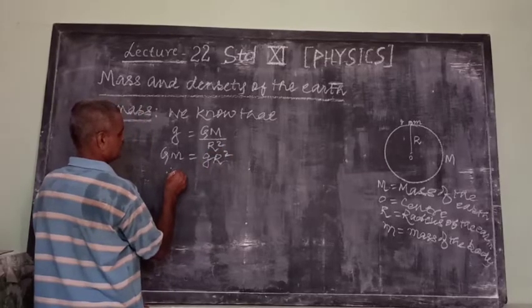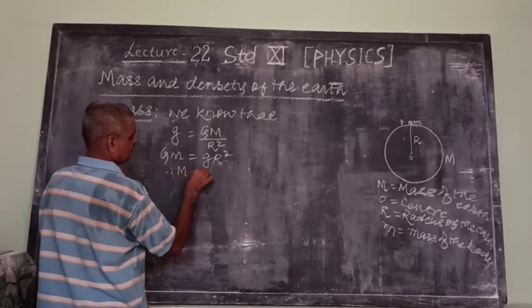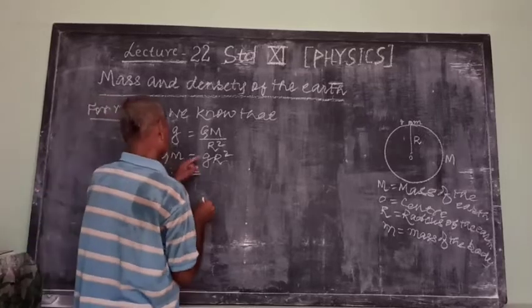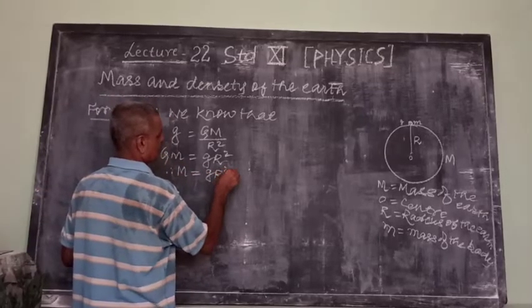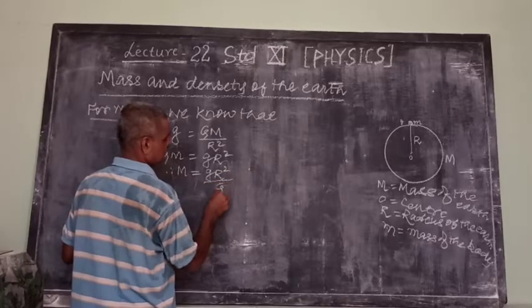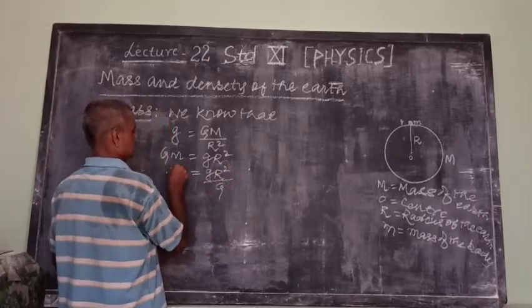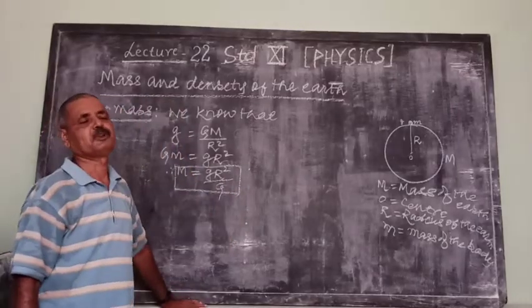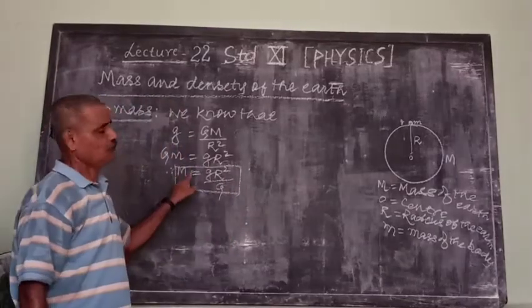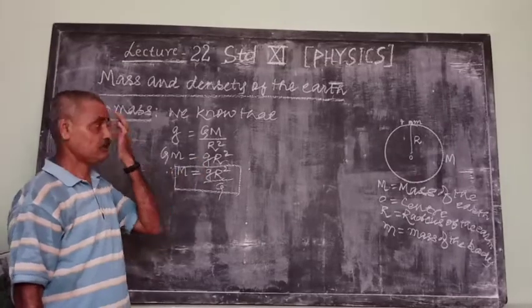Therefore, mass can be written as gR square by capital G. This is the formula for the determination of mass of the Earth.